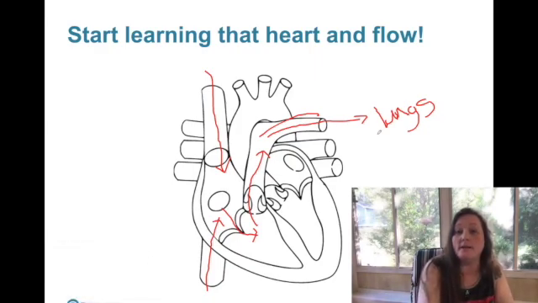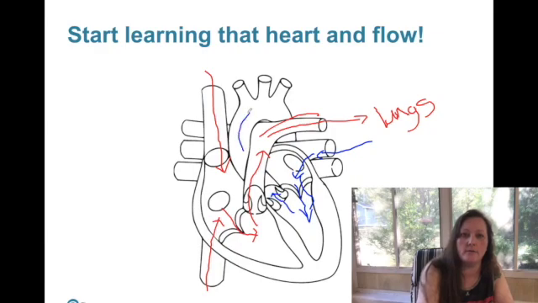So now I have picked up my oxygen, and now I come back in here and I go here, and then through here, and then out the aorta. And so that shows where it comes in and where it goes out.